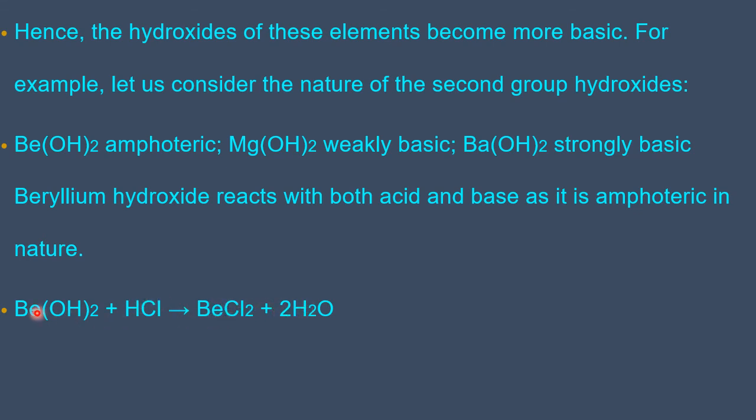It is reacting to acid, as well as to the base. Now we will see with base. Beryllium hydroxide with sodium hydroxide gives sodium berylate or sodium beryllium oxide. That means beryllium hydroxide, the first member hydroxide, is different, amphoteric in nature, reacting to both acid and the base.